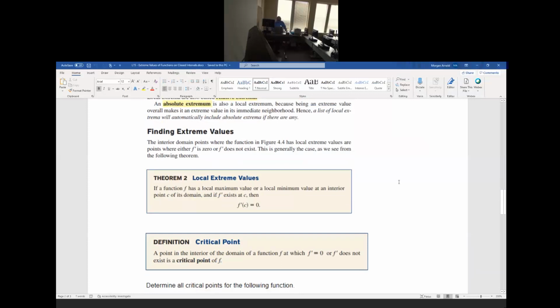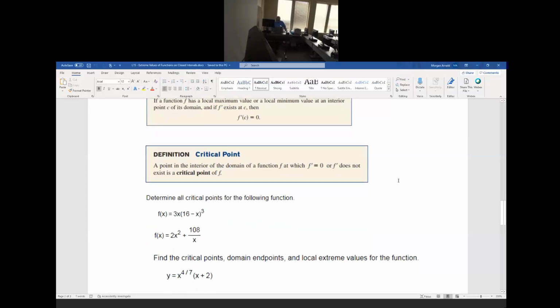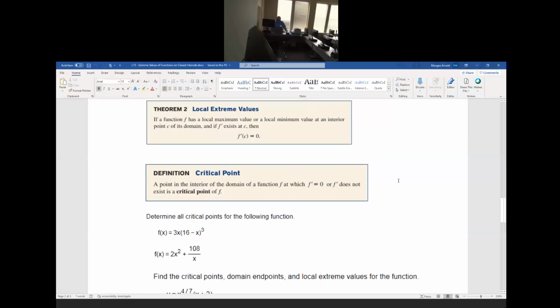And the steps to finding a local or relative extrema, the only same step as before is you take your first derivative and find your critical points. So you don't plug in your endpoints because there aren't any here.